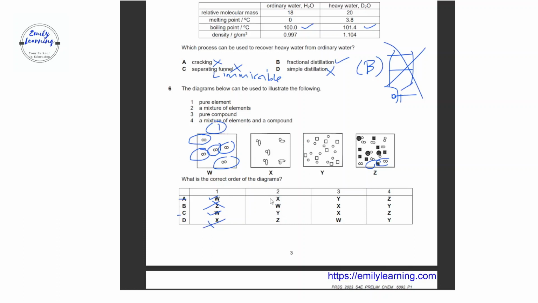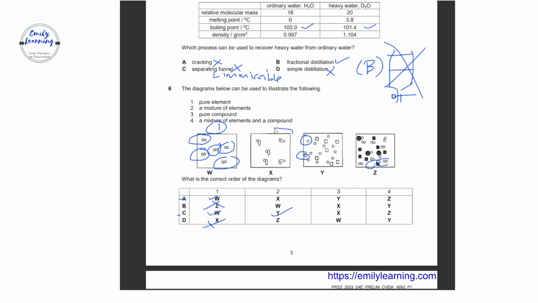Okay, so now let's go on to a mixture of elements. Y is a mixture of elements. You have one type of element, which is the square, and one type of element, which is the circle. The circle is by itself, so it's an element. The square is by itself, so it's an element. So you have 2 types of elements present. Next, a pure compound.